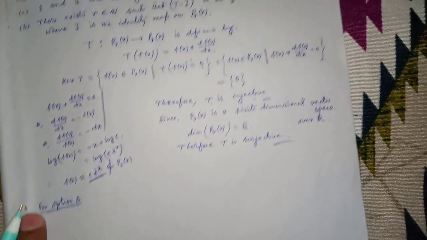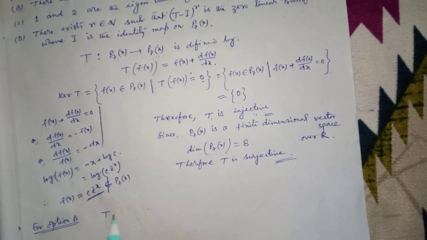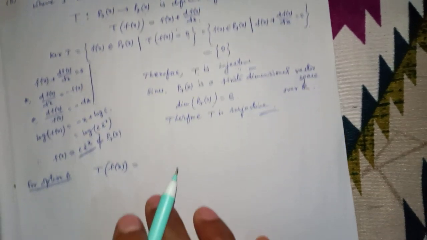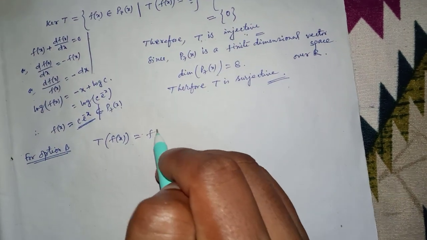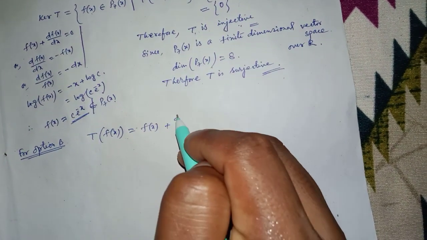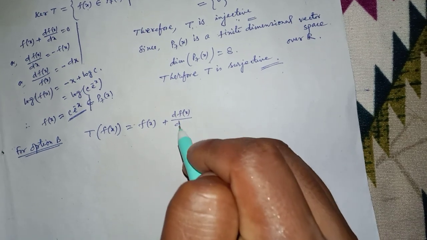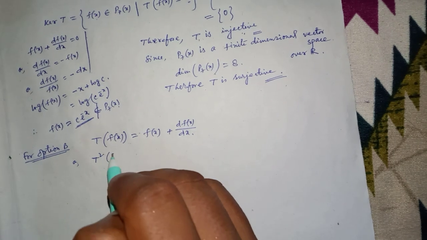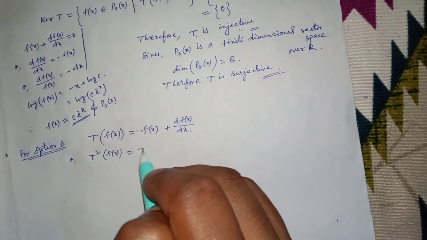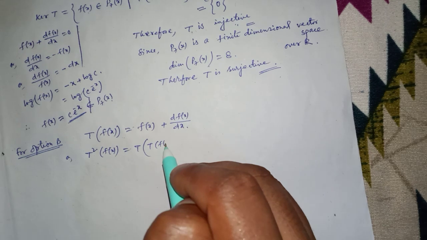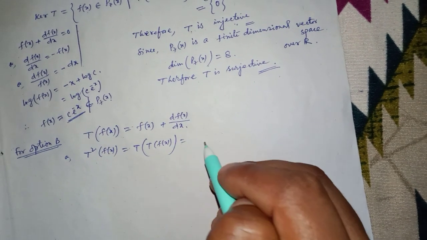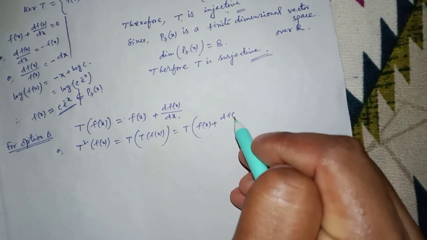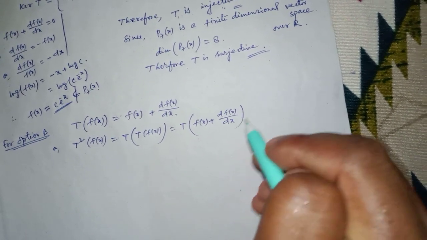For option B, T(f(x)) = f(x) + df(x)/dx. Then T squared of f(x), that means T(T(f(x))), is equal to T(f(x) + df(x)/dx) = f(x) + df(x)/dx plus the derivative of this.